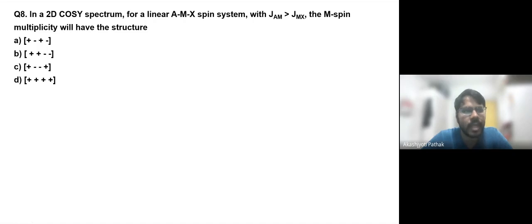Next question: in a 2D COSY spectrum for a linear AMX spin system with JAM greater than JMX, the M spin multiplicity will have which structure? So you have an AMX spin system, right?